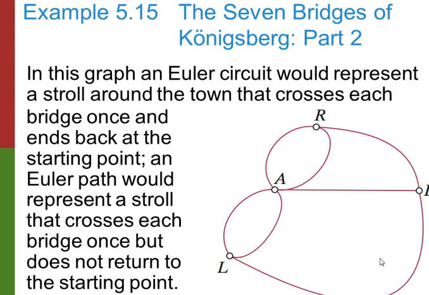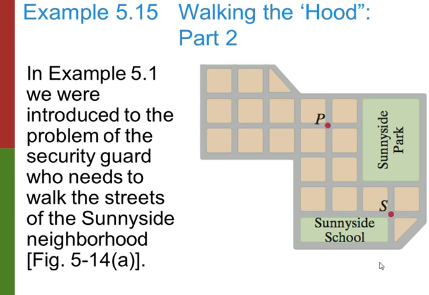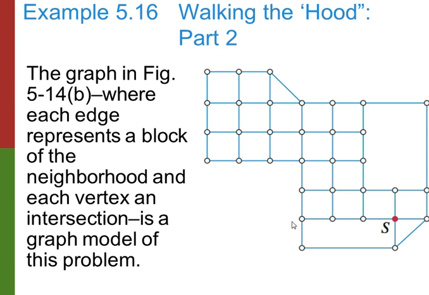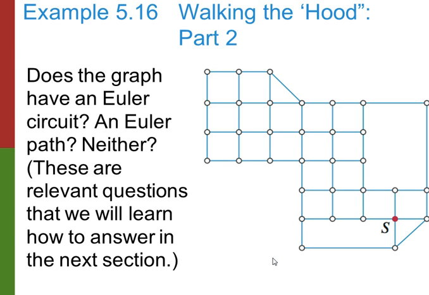And now I can use it to figure out if I have any Euler circuits or Euler paths. And I can do the same thing when I'm walking around the neighborhood where I have the school or the security or the post office. I could send it to a bunch of edges, and now it looks like we're playing connect the dots. And we could ask, does the graph have Euler circuits, Euler paths, neither or both?